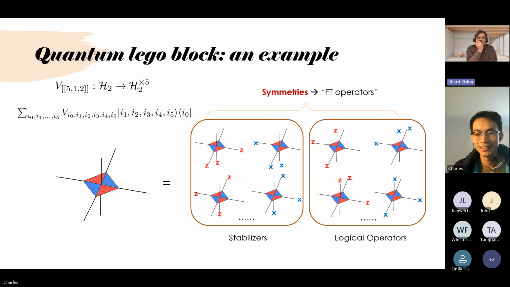Okay. Yeah, but which symmetry do you call stabilizers and which one do you call a logical operator? Is it the same as what we use in the regular formalism? Yeah, right. So for the second one, what do you call a stabilizer, what do you call a logical operator? Logical operators are the ones that act non-trivially on the logical leg. So basically, it's a similar definition to what we have in the stabilizer formalism.